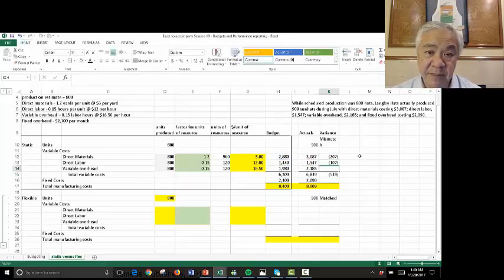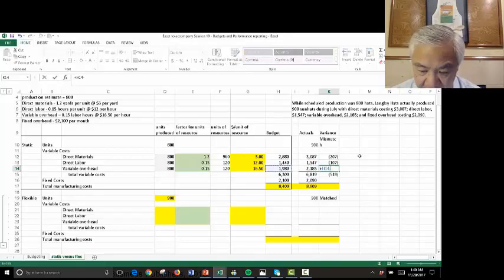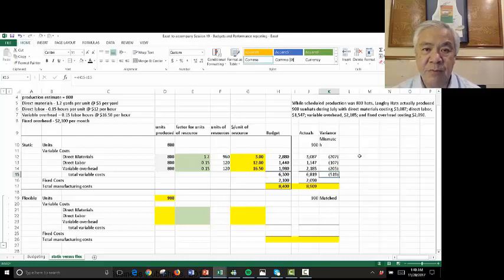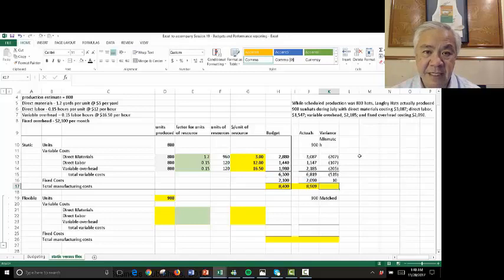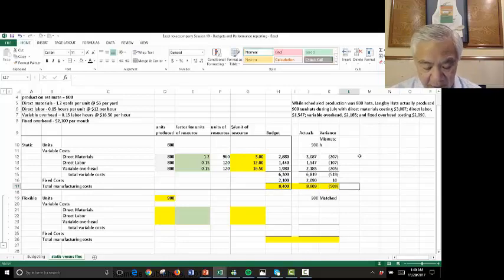Negative means we spent more money on labor. Same thing on overhead, budget minus actual, which means we spent more money on overhead. In total, for the variable cost, we spent $500 more than budget. Budget minus actual. On fixed overhead, we saved $10 over the fixed budget. Overall, we're negative 509, so this is unfavorable.